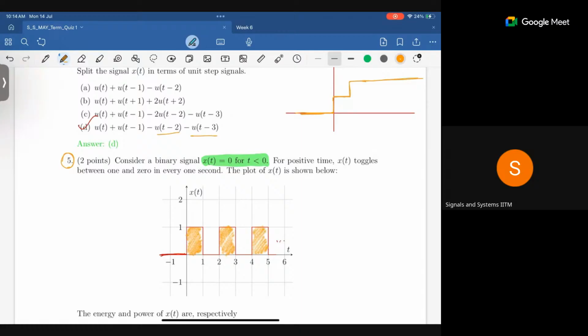So even if it has some small area, if you add these areas together, it will go to infinity. So the energy will be infinite. If energy is infinite, it turns out to be a power signal.